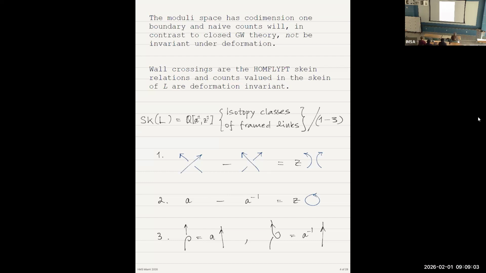Well, the HOMFLY-PT polynomial for knots in S3 is actually coming from the module for S3. So if L here is S3, then you can check that you can reduce any link to the empty link. So a bunch of unknots first, then you take away the unknots. So every link is equal in this module to some polynomial times the empty link. And that polynomial is known as the HOMFLY-PT polynomial. And it's a very rich knot invariant that does a lot of good for you.